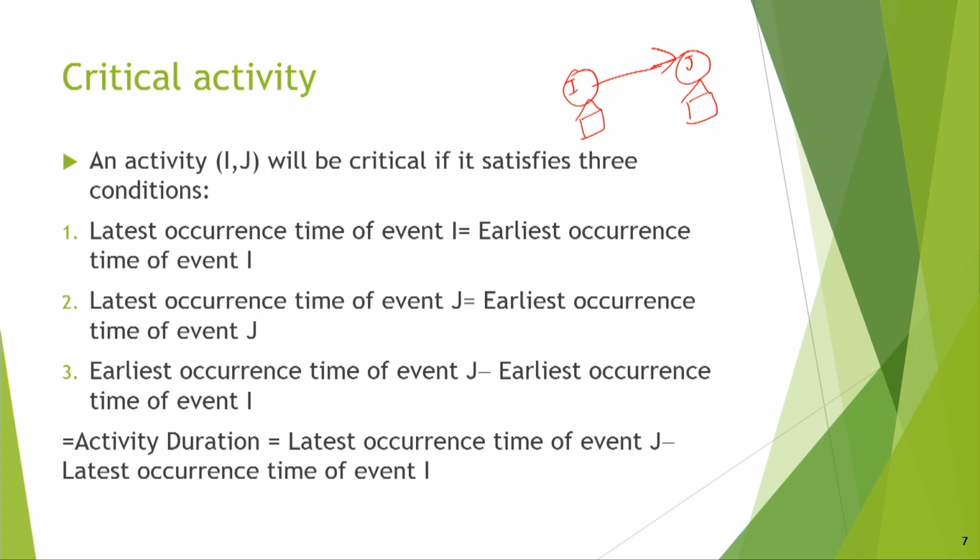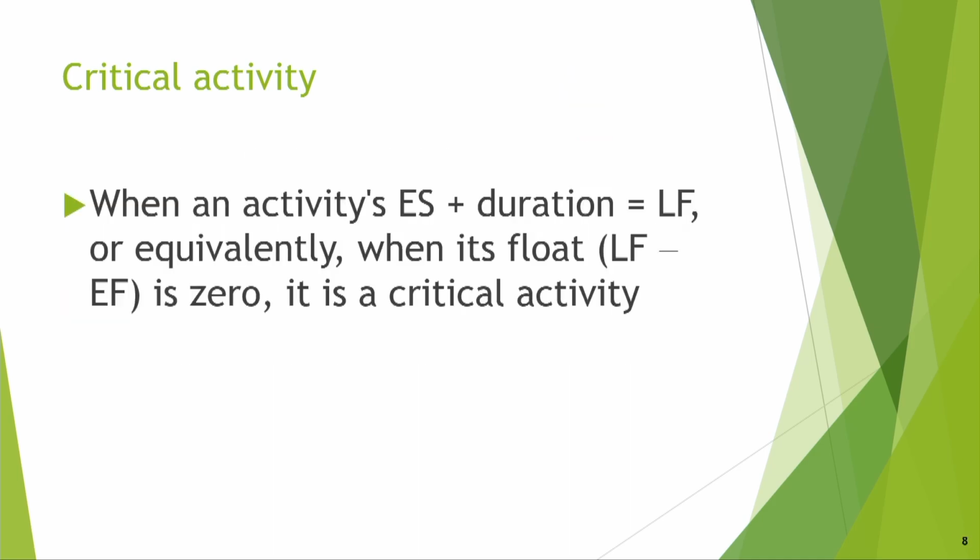So, when it is ES plus duration equal to LF, or equivalently when the float, that means LF minus EF, latest finish time minus earliest finish time, is equal to 0, then it is a critical activity. If you are following activity on node style, then it will be like that.